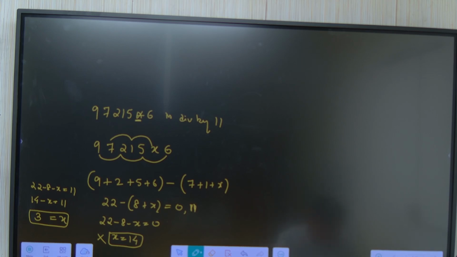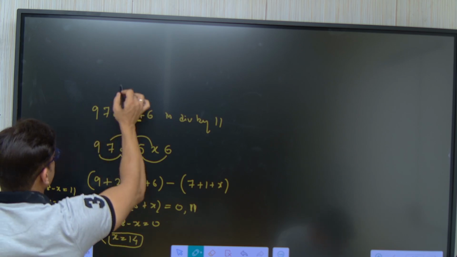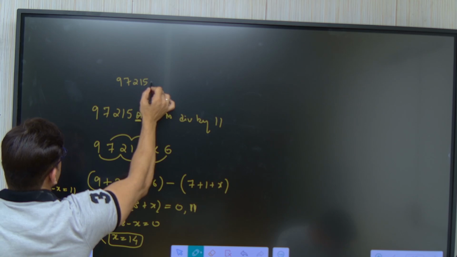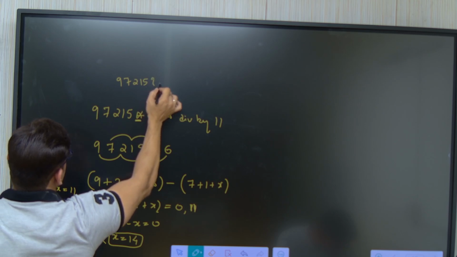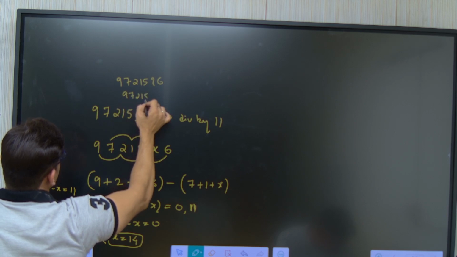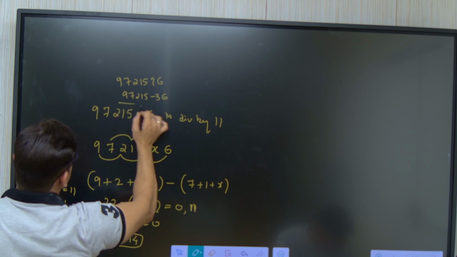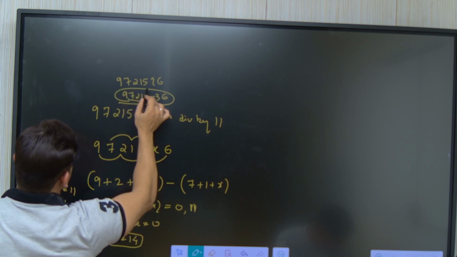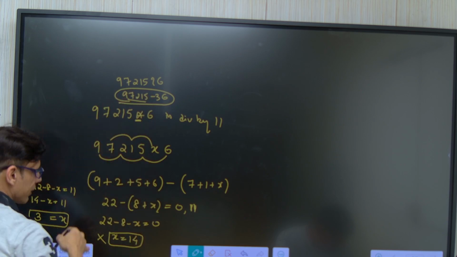So if the difference is negative, what happens? No. So whenever we write any number, right, we write 97215 and then some integer which is positive here and then 6, right? So if I write 97215, let's say minus 360, this is not a number only.